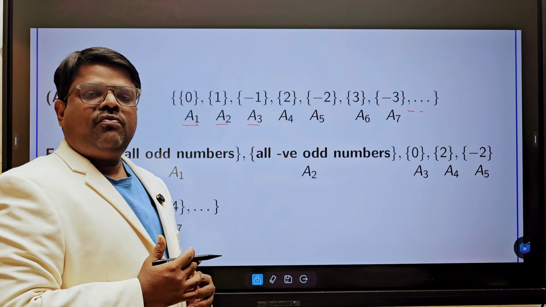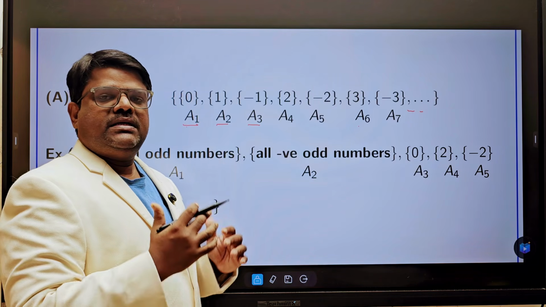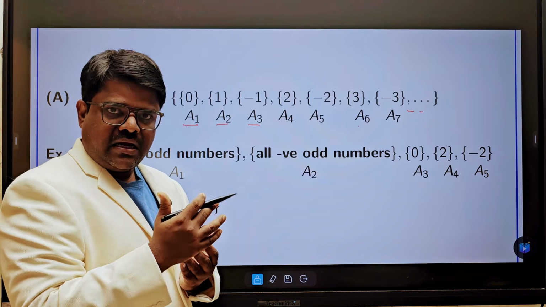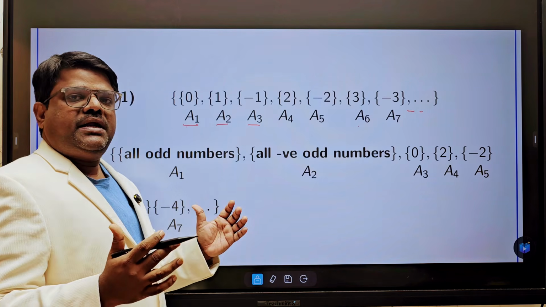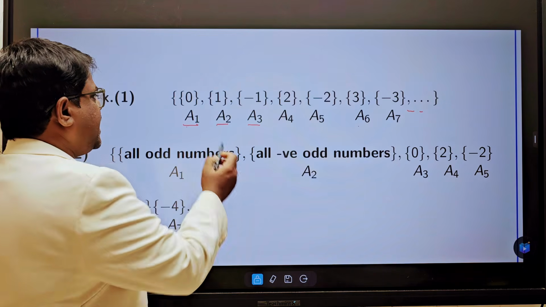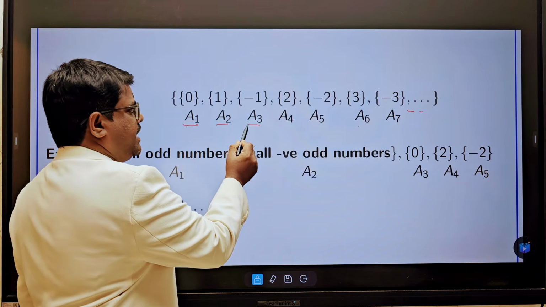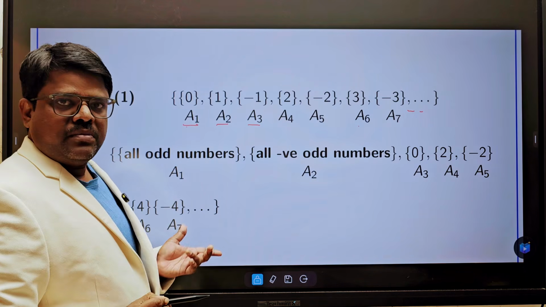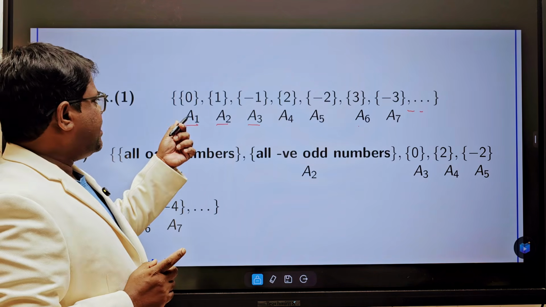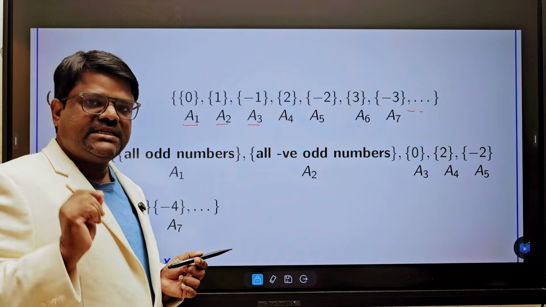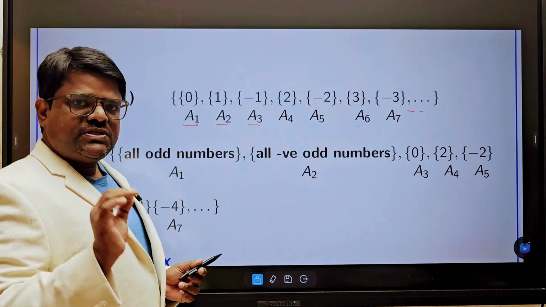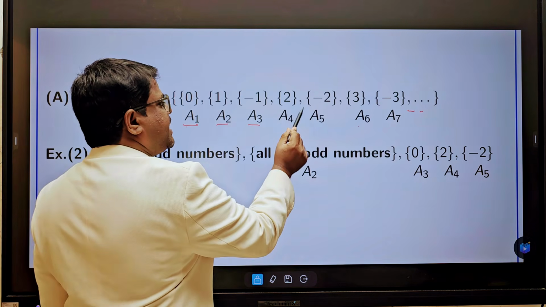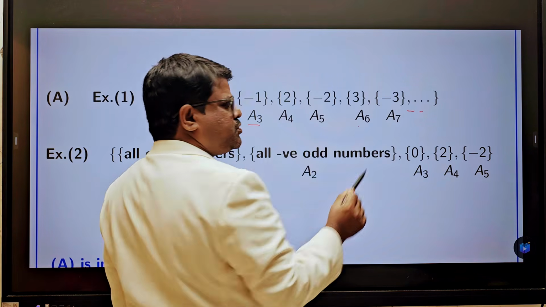I am trying to form this set capital Z, that is the integers, by taking the union of the subsets A1, A2, A3, A4, A5 and so on. Can I form it? Let us check. A1 is 0, it is finite. Yes, it is finite. A2 is 1, it is finite.